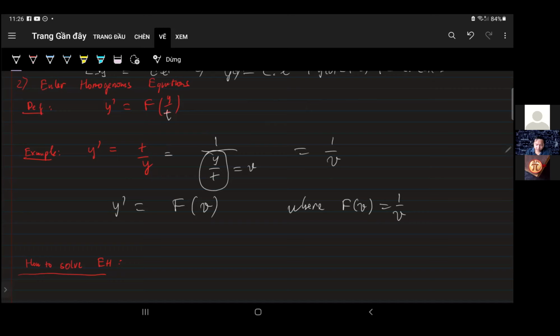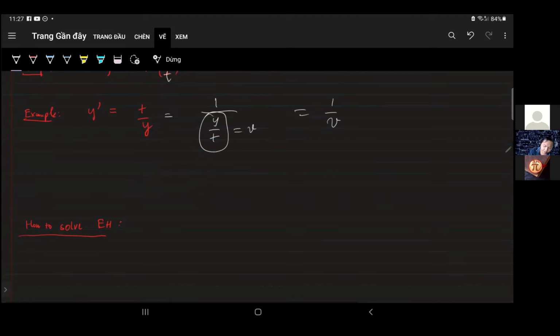So v is just y over t. So I just write it out like this. That's how you get the Euler homogeneous. How to classify whether an equation is an Euler homogeneous one.